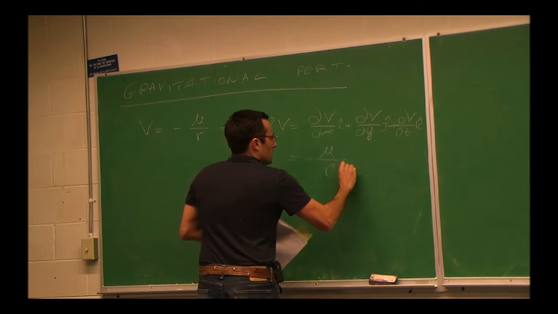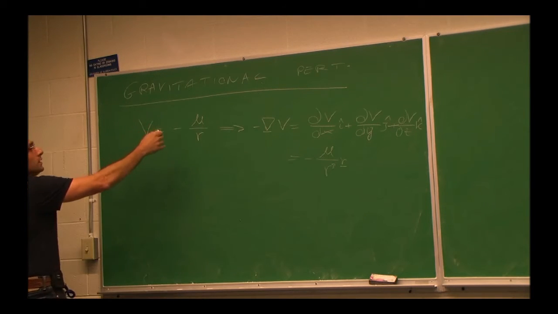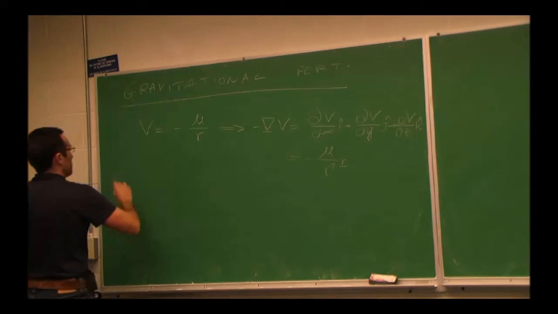Well, what people have done, people much smarter than I am for sure, is they said, well, if I have a shape that is not a sphere anymore, I'm going to add something else in this potential function.